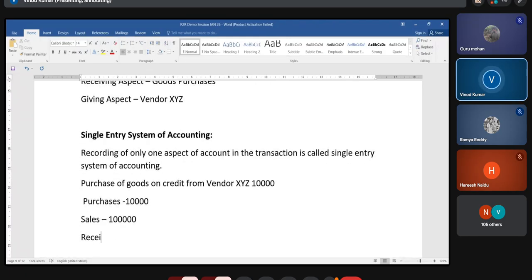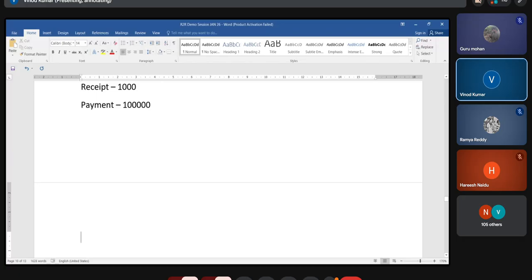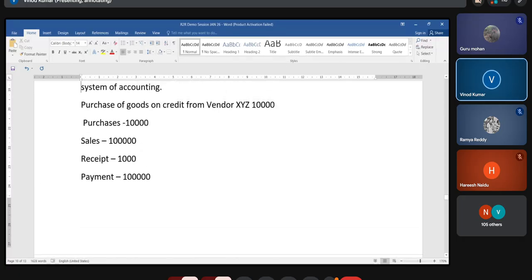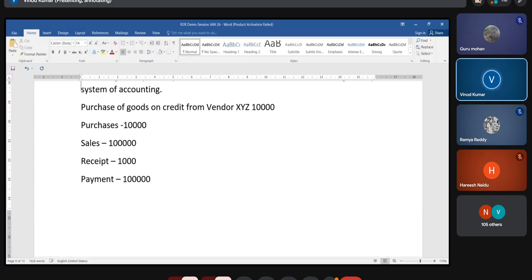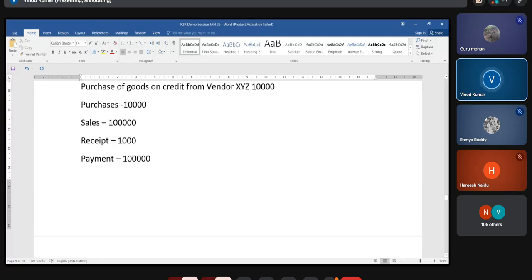If they receive some money, they update it as receipt of 1,000 rupees. If they pay some money, they update it as payment, 10,000, 1 lakh, whatever it might be. So previously, people followed only the single entry system, recording purchases, sales, receipts, payments, like that.